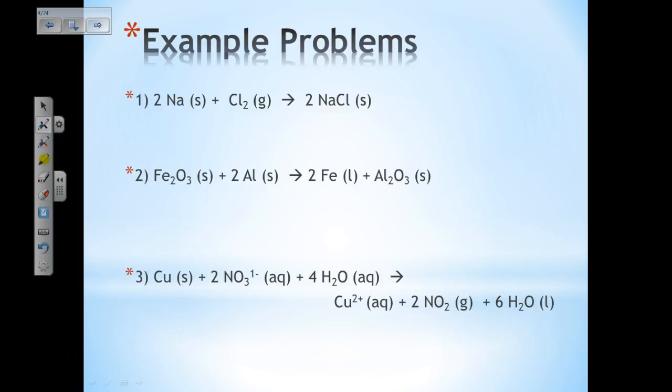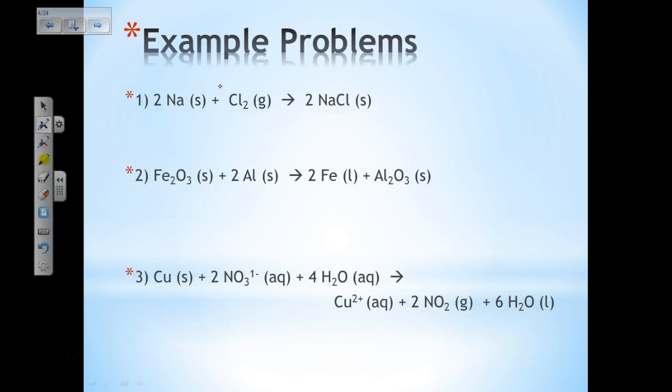The directions are: determine the oxidation state of all the elements, and then determine what's being oxidized and reduced.